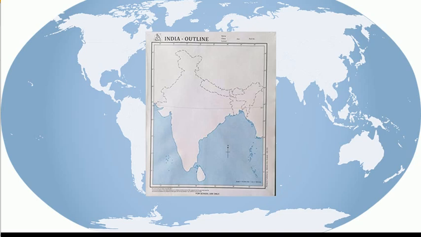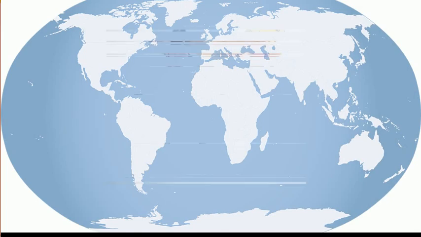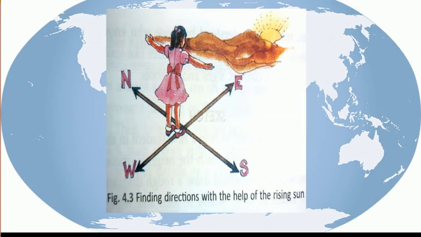Now there are different ways of finding directions as well. How can we find directions? There are different ways. The very first way to find a direction is with the help of the sun. We know that the sun rises in the east and sets in the west.